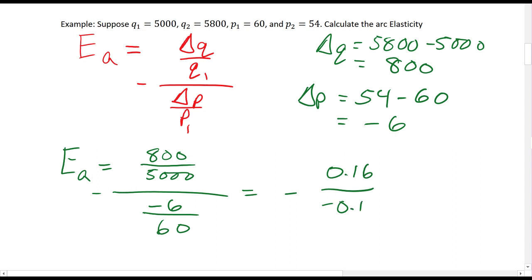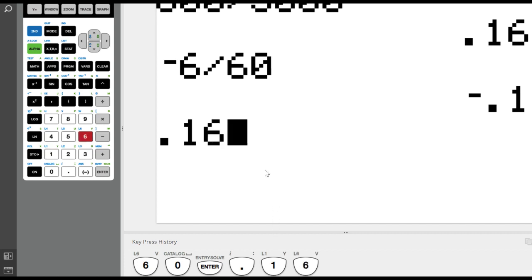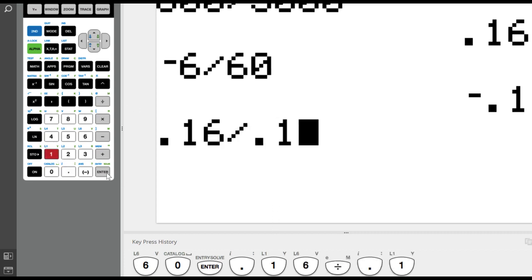So then the answer to this is 0.16 divided by negative 0.1 and then make it negative again. First of all, positive divided by a negative is negative. A negative times that negative on the outside here is going to make it a positive. So all we have to do is take 0.16 divided by 0.1.